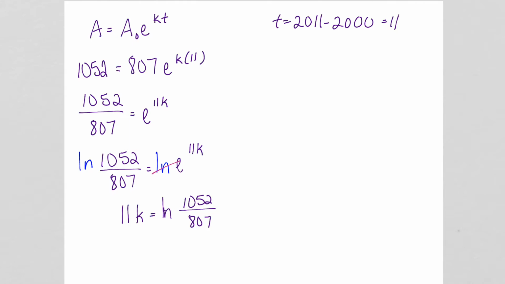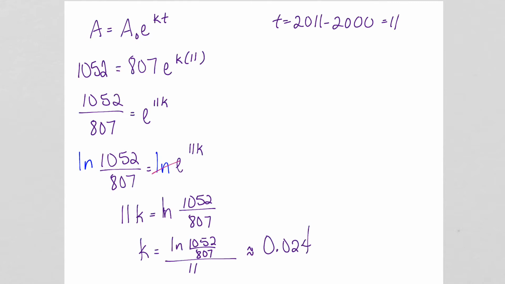Okay, and so that means that k is the natural log of 1,052 over 807 divided by 11. We divided both sides by 11. And so that gives us k to be approximately 0.024.